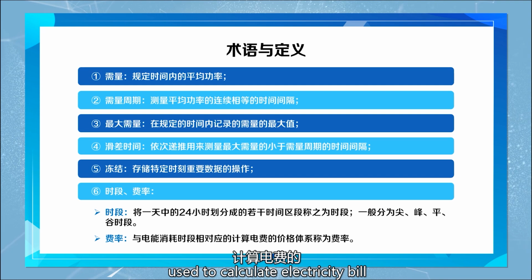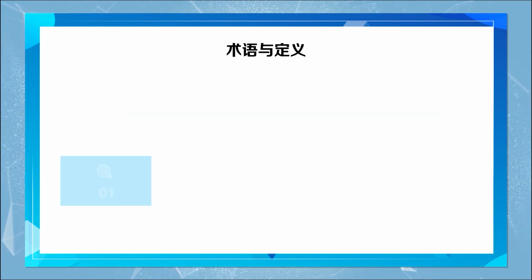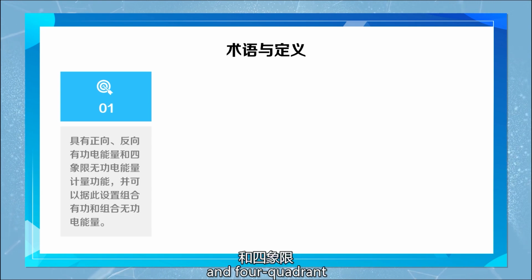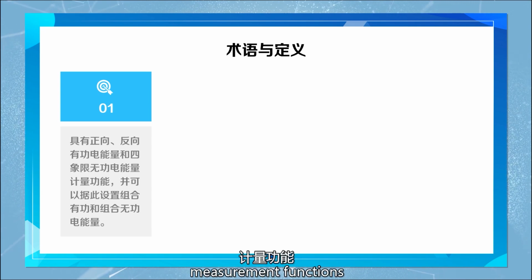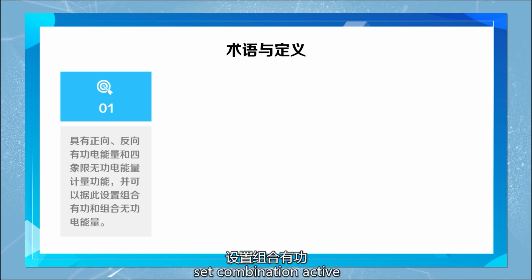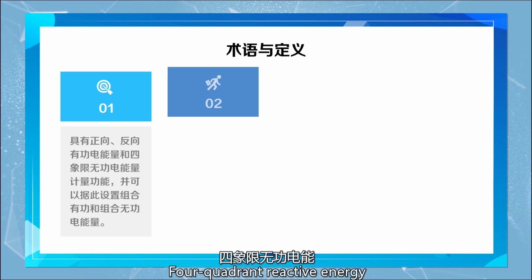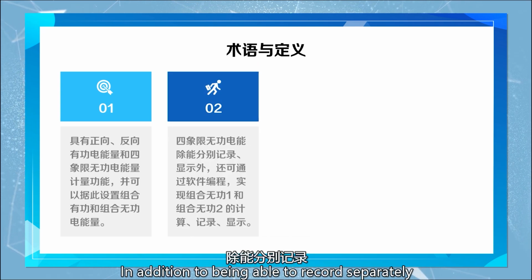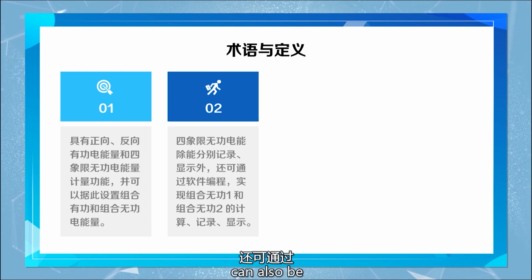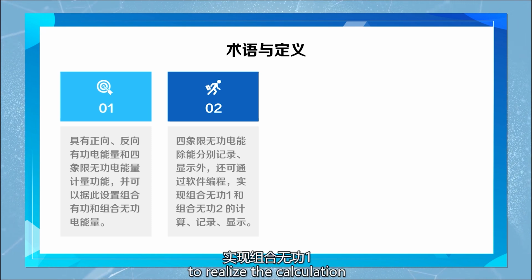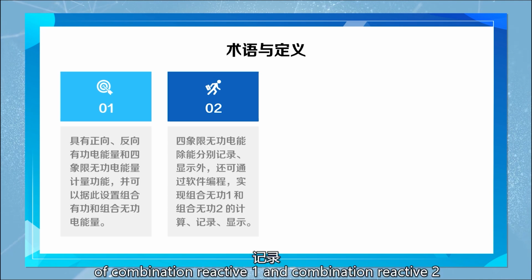The meter has forward and reverse active energy and four-quadrant reactive energy measurement functions, and can accordingly set combination active and combination reactive energy. Four-quadrant reactive energy, in addition to being recorded and displayed separately, can also be used, through software programming, to calculate, record and display combination reactive 1 and combination reactive 2.